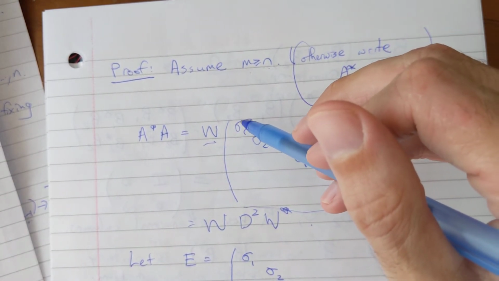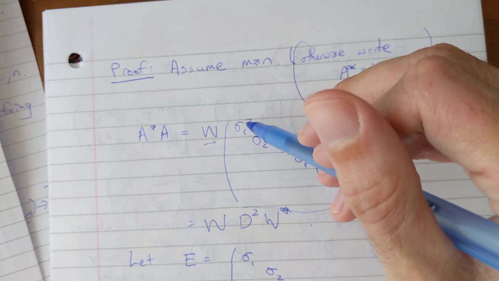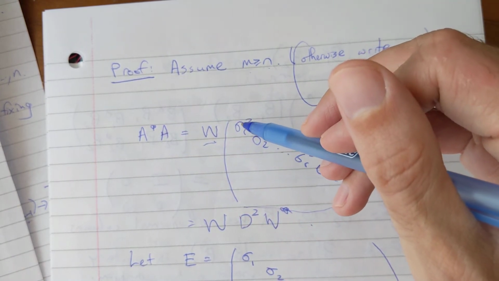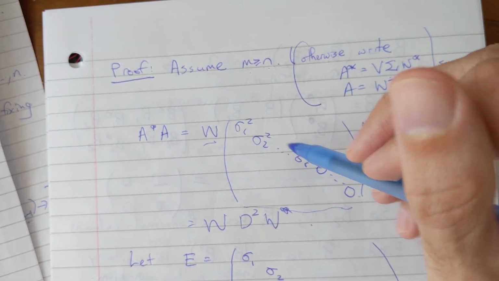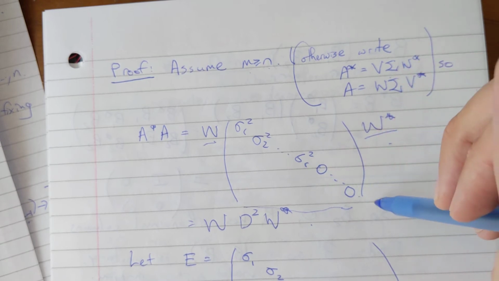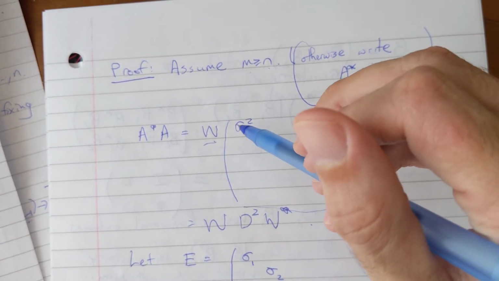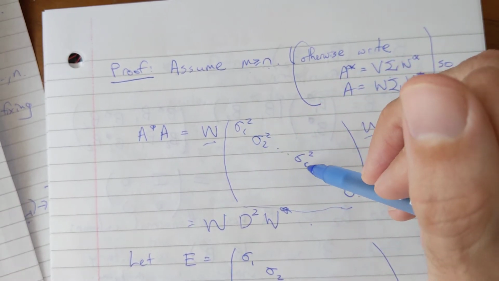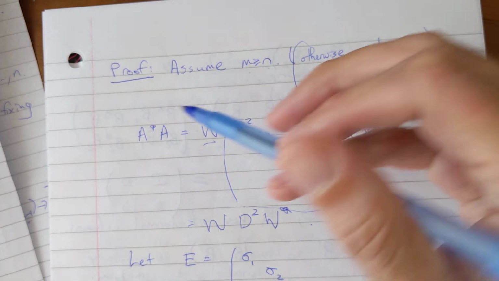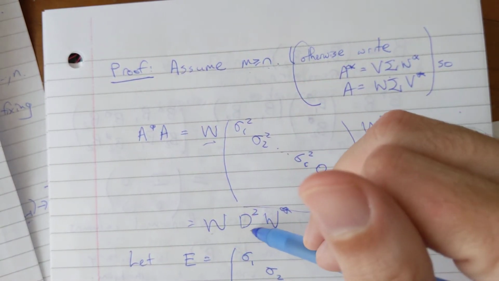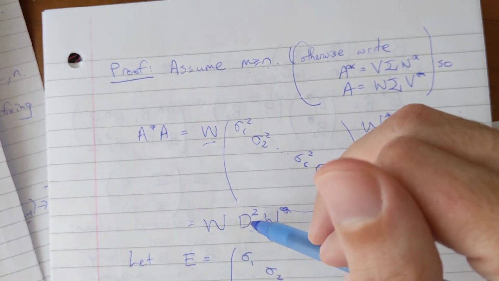So the eigenvalues of A star A are just the squares of the singular values. So let D be the matrix whose non-zero diagonal entries are all the singular values followed by zeros. D is just sigma 1, sigma 2, down to sigma R, and then zeros. So we write A star A as W D squared W star, and we modify D a little bit.